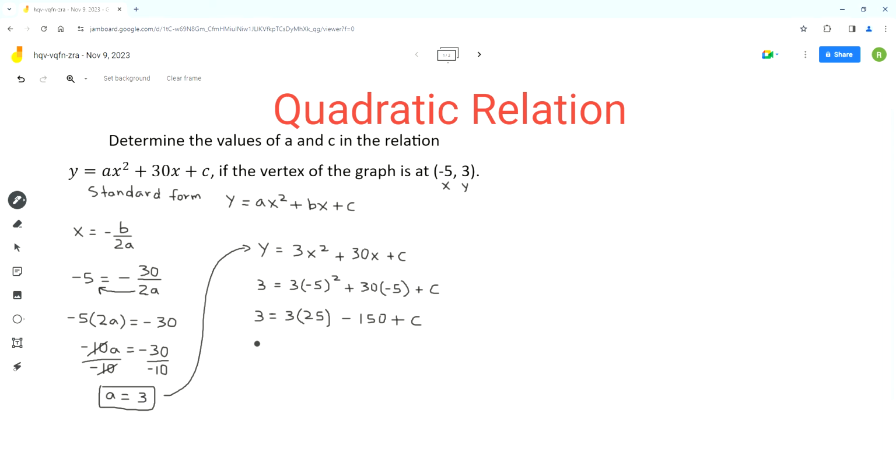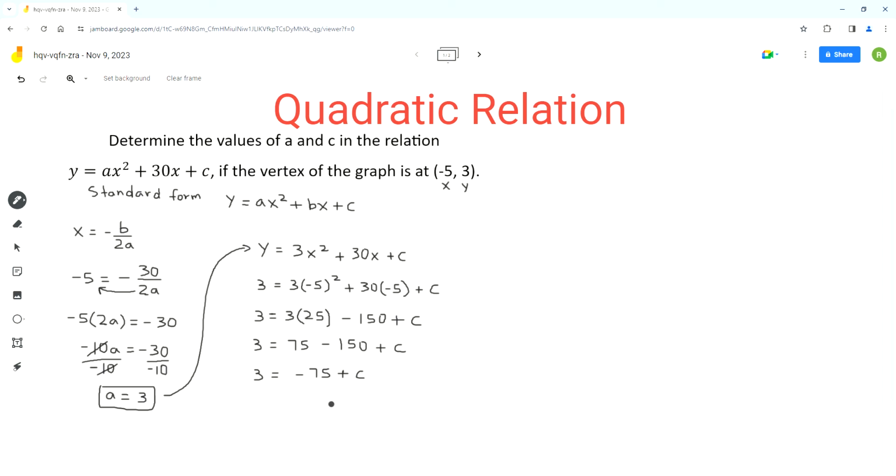Now in the next step, we can do 3 times 25, which is equal to 75 minus 150 plus c. We can do 75 minus 150, which is equal to -75 plus c.